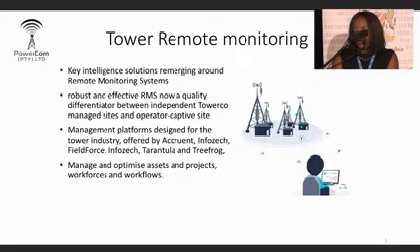There have been remote monitoring systems before, but not all of them have really been successful. So of late, especially in 2015 and 2016, we've seen a redesign of a robust, really effective remote management system. Those systems are used to manage and optimize assets and projects as well as workflows.